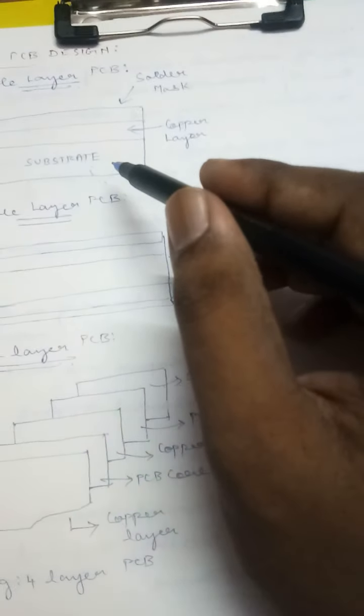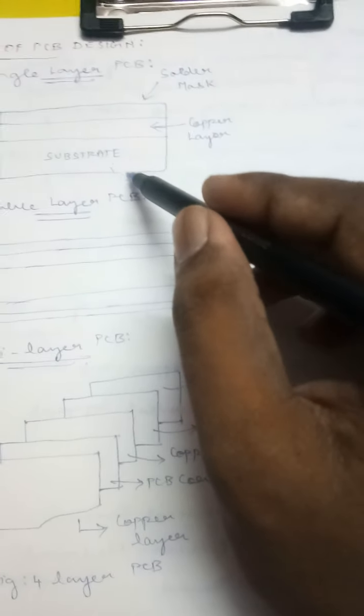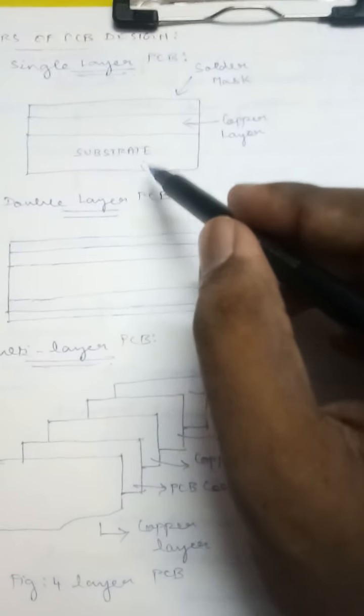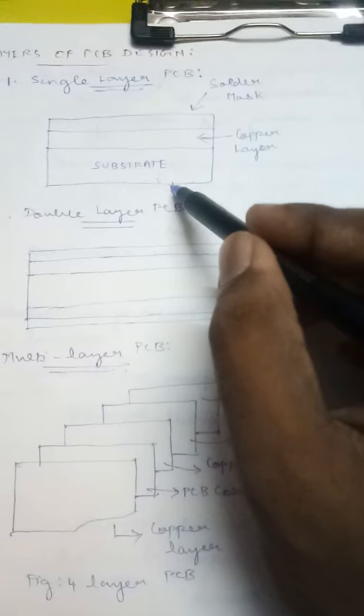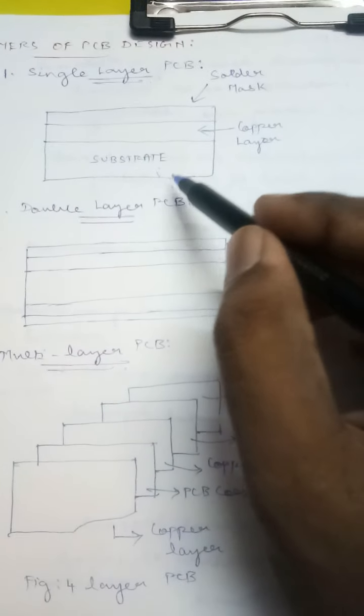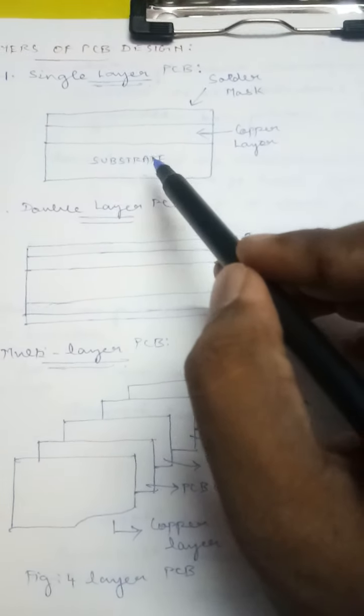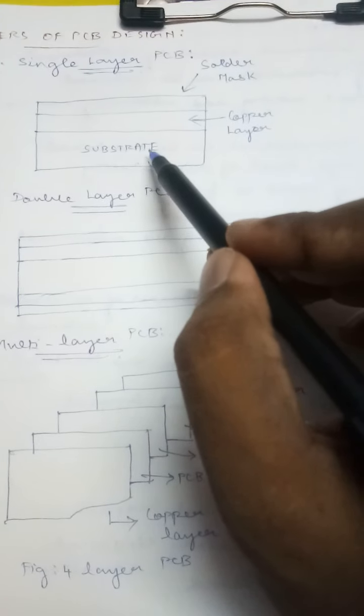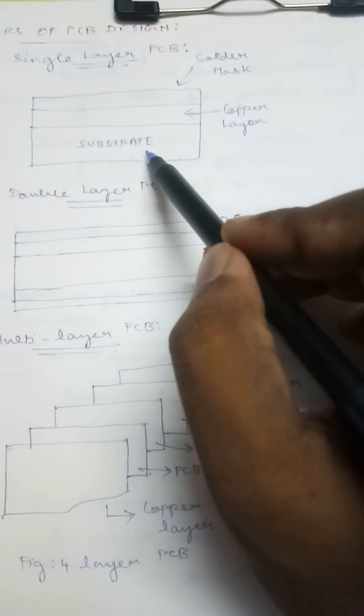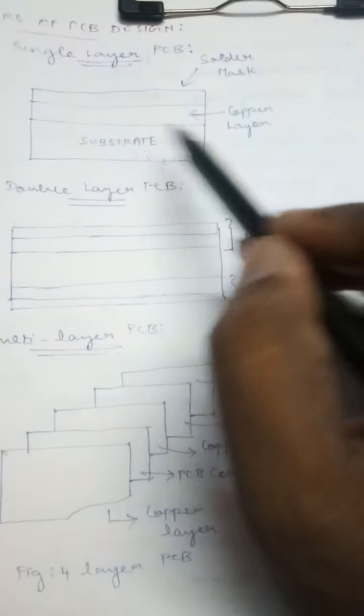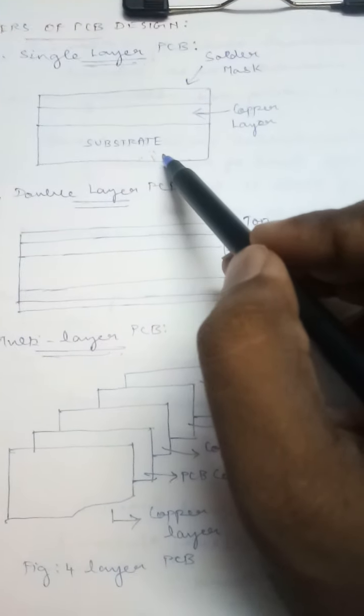Similarly, whenever we are constructing a PCB, remember that the bottom portion that is highly involved is a substrate layer. This substrate layer acts as a base layer, similar to a basement in a building.